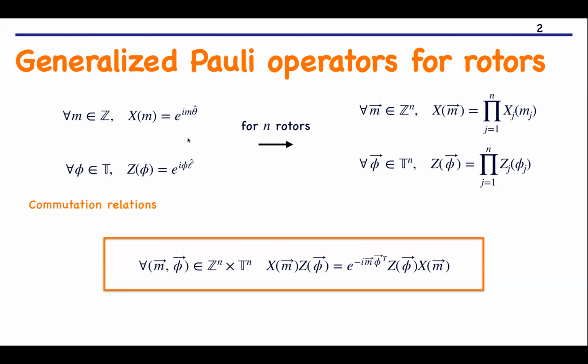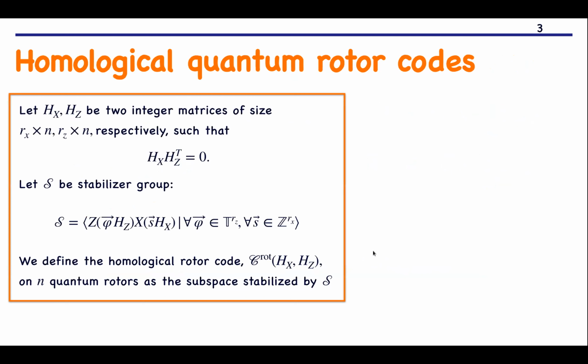We can look at the commutation relations between these generalized Pauli operators, and it's easy to see that they commute if the inner product between their representative vectors, so m and phi in this case, is equal to 0 modulo 2 pi.